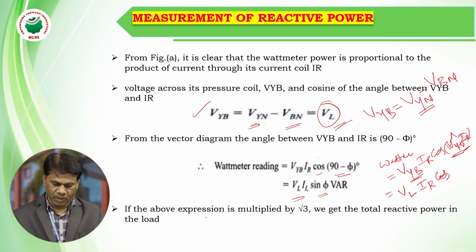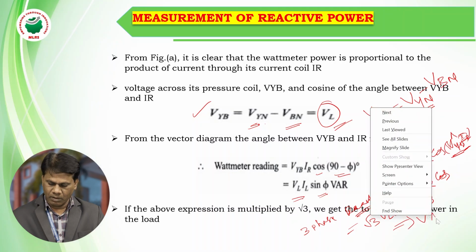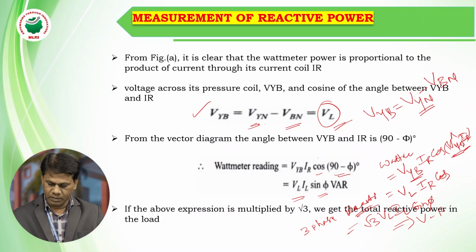If we want the three-phase reactive power, we need to multiply this expression by root 3. So the reactive power is root 3 times VL IL sin phi, and the unit is volt ampere reactive, VAR. That means multiplying the wattmeter reading by root 3 gives root 3 VL IL sin phi.